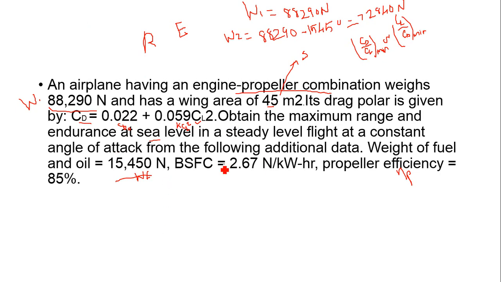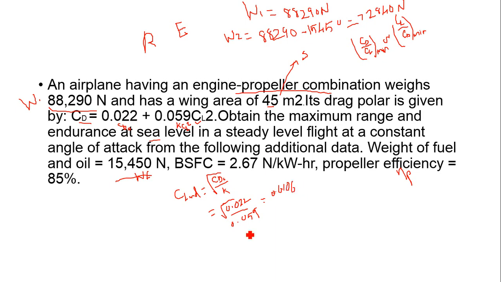From that we can find CL at minimum drag, CLMD, which is equal to the square root of CDO divided by K. Here CDO is 0.022 and K is 0.059. Substituting, square root of 0.022 divided by 0.059 gives 0.6106.